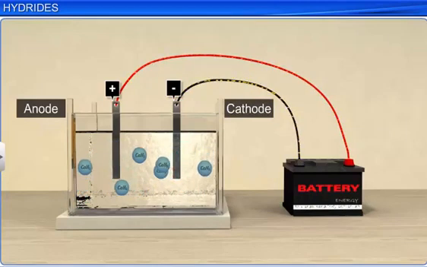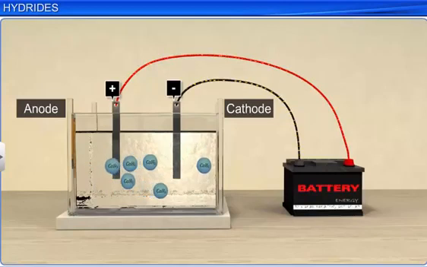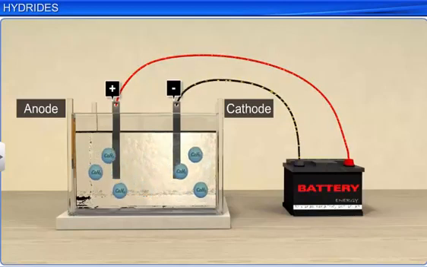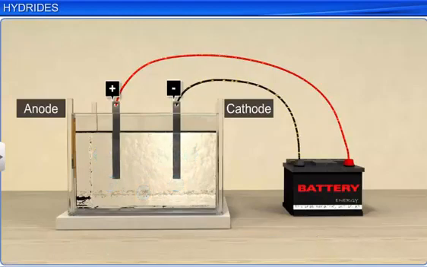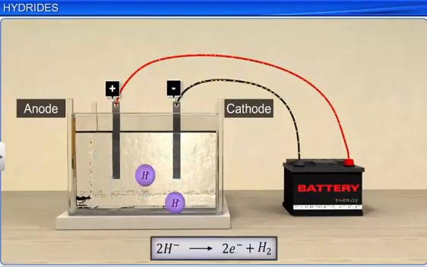On passing current through molten calcium hydride, the compound dissociates into calcium 2+ ion and hydride ion. At the anode, two hydride ions combine to liberate dihydrogen gas and 2 electrons.